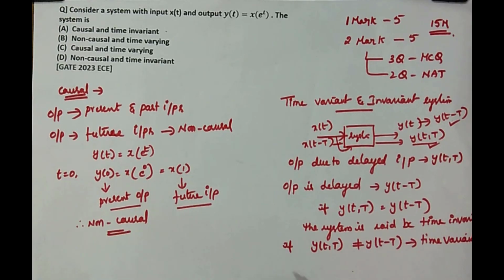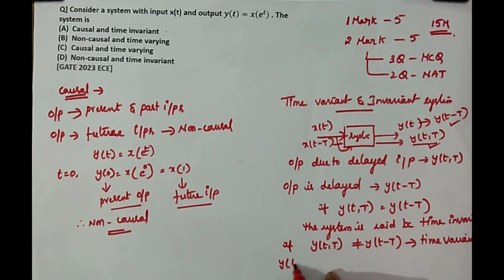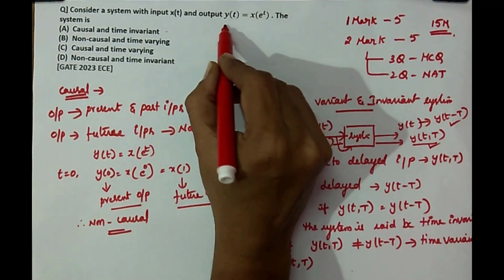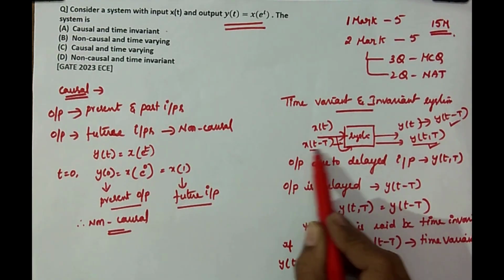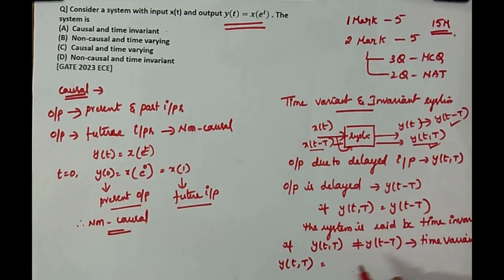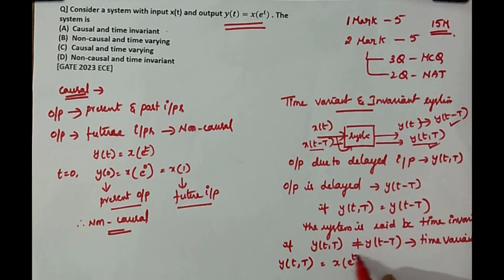So now for our system, we'll see y of t comma T. For the given system, y of t equal to x of e power t. What is y of t comma T? Output due to the delayed input. So what is this? X of e power t is your input. You must delay it.